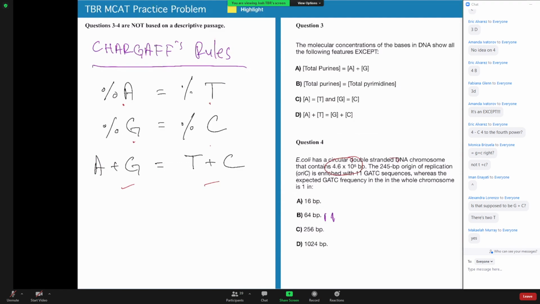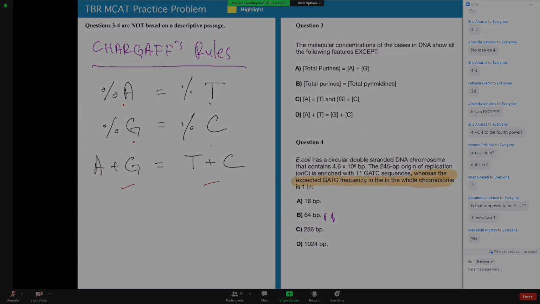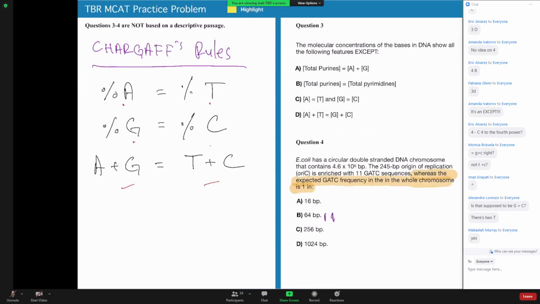Then it gives you the specific count for a higher concentration of GATC base pairs within that chromosome. And then it asks the fundamental part of the question: whereas the expected GATC frequency in the whole chromosome is 1 in, and then it gives you all the answers.